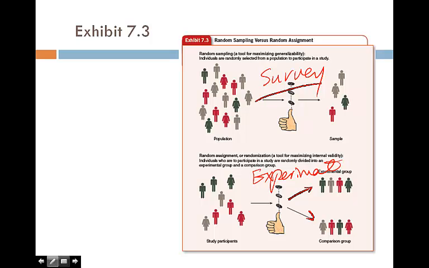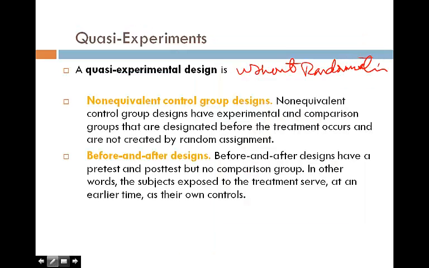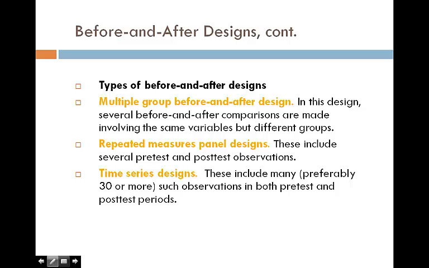Random sampling is used in survey methodology; randomization, or random assignment, is used in experimental design. Quasi-experimental design is the experiment without randomization. There are several types of design, like the non-equivalent control group design and before and after designs. And within the before and after design, there are also some other specific examples.